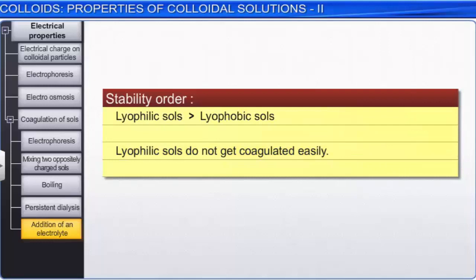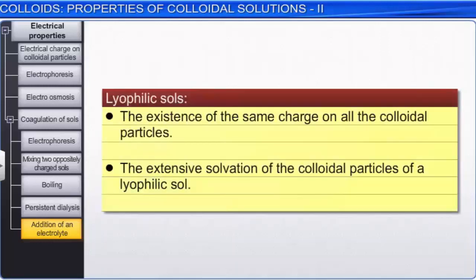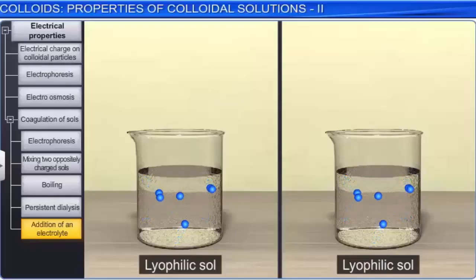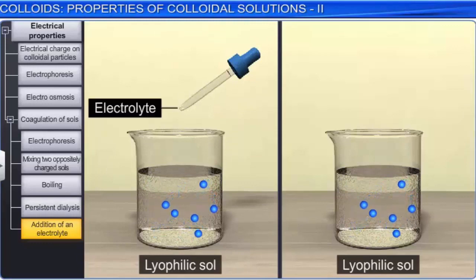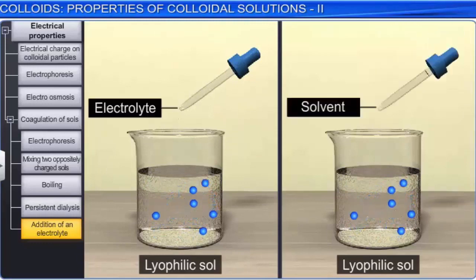The two factors responsible for the stability of lyophilic sols are the existence of the same charge on all the colloidal particles and the extensive solvation of the colloidal particles of a lyophilic sol. A lyophilic sol can be coagulated by adding either an electrolyte or a suitable solvent.